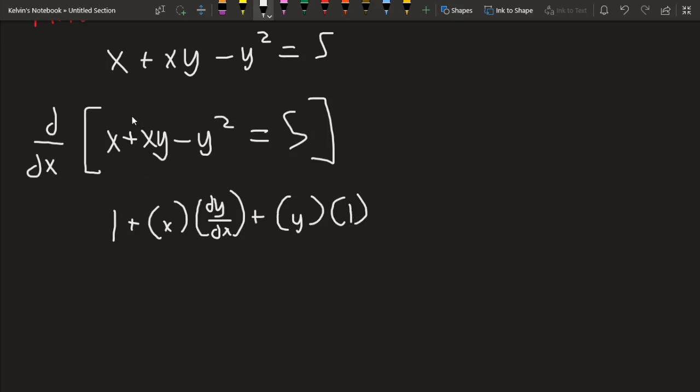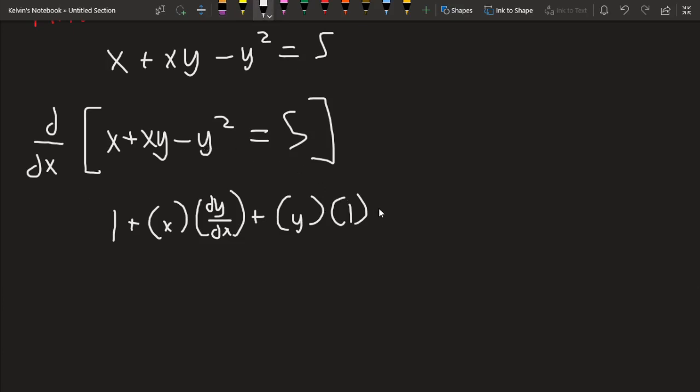Oh, and just note that the only reason the derivative of x is 1 is because this is with respect to x. If this was with respect to y, so let's say, for example, this was dy instead, then the derivative of y would be equal to 1. Just a side note.